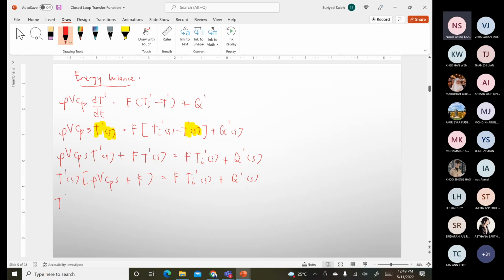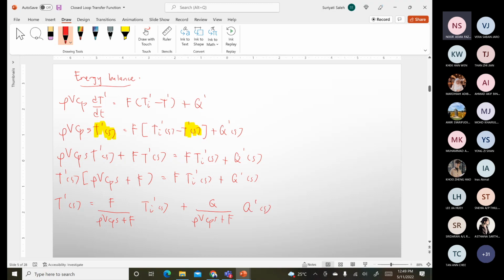So you have T prime(s) equal to F over (rho V Cp s plus F) Ti prime(s) plus 1 over (rho V Cp s plus F) Q prime(s).